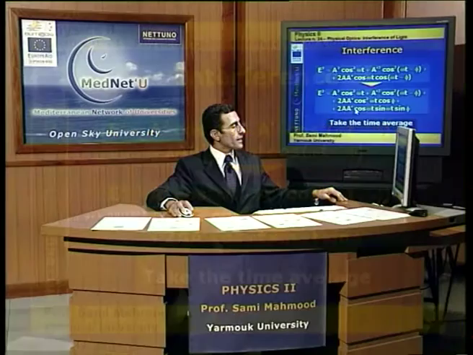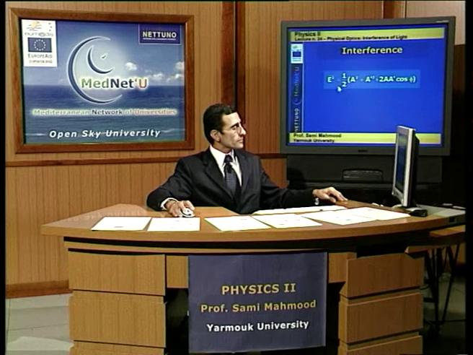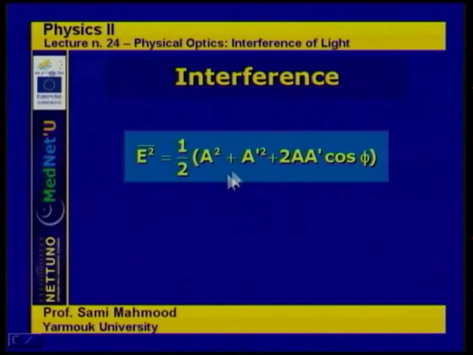And we are left with the average of E square equal to 1/2 times, in parentheses, A squared plus A prime square plus 2A A prime cosine phi. And notice that this intensity, the average of the electric field square, which is proportional to the density of the electromagnetic energy, is dependent on phi, the phase difference between the two waves.